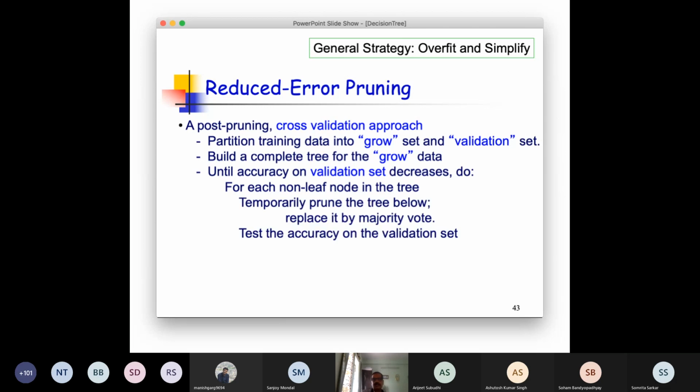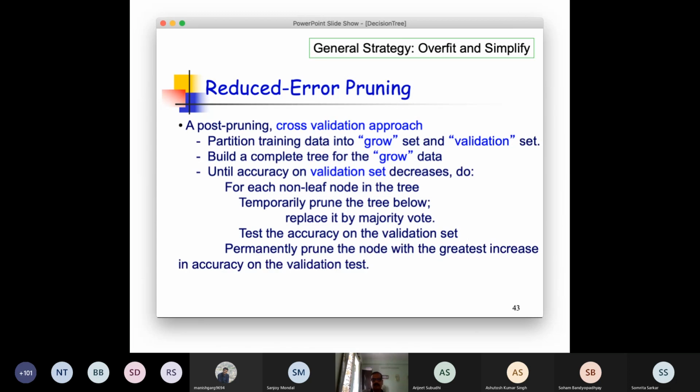For each non-leaf node in the tree, temporarily prune the tree below it, replace it by majority vote, and test the accuracy on the validation set. Once again it considers each non-leaf node, but you can reduce the computation by choosing some of the candidates in a bottom-up manner. Then permanently prune the node with the greatest increase in accuracy on the validation set.